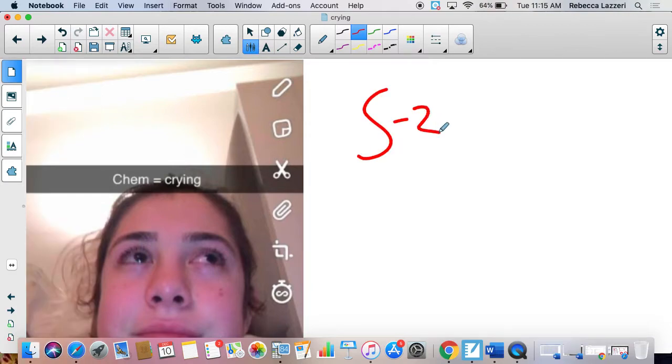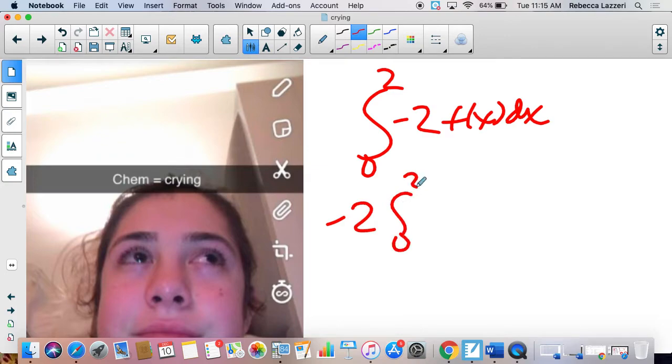If you have -2 on D, D is -2 times the integral of f of x dx from 0 to 2. You can take out the -2, and then I guess you just multiplied by, what did they tell you in the original?